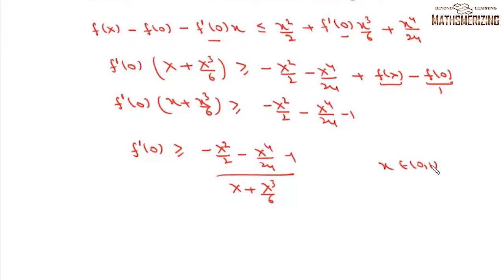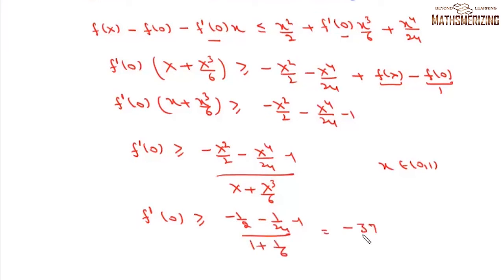Now this function on the right is an increasing function. So this f'(0) will always be greater than or equal to the value when x is 1. So if you put x as 1, we'll get minus 1 by 2 minus 1 by 24 minus 1, upon 1 plus 1 by 6.